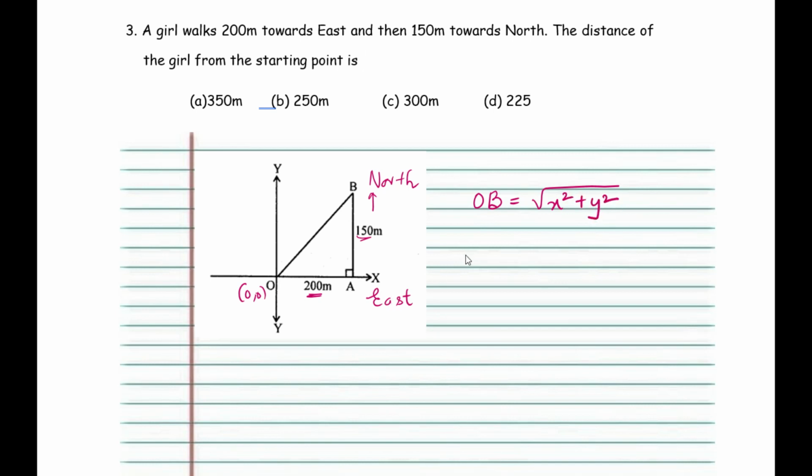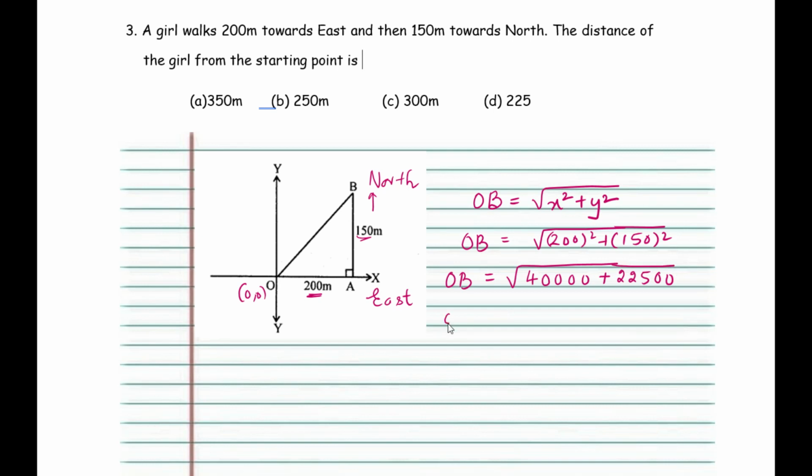By using the distance formula, now OB equals square root of what is x? X is 200 square, y square is 150 square. Now OB equals square root of 200 square, which is 4 and 4 zeros, plus 150 square, 15 square is 225 and 2 zeros.